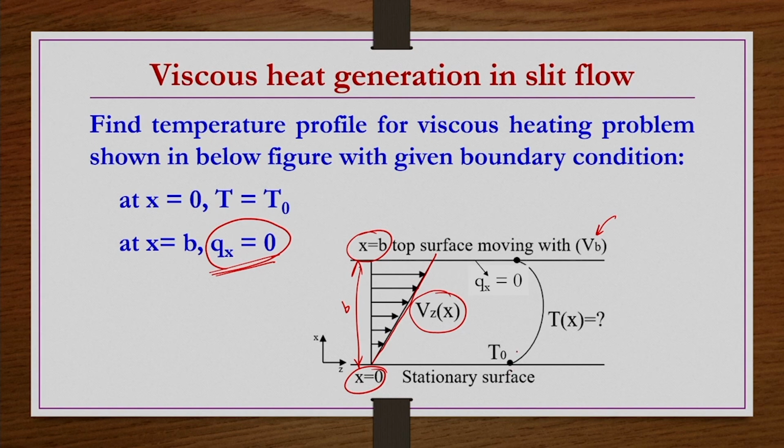The temperature of the bottom stationary surface is T naught, and the boundary condition for the top moving surface is Qx is equal to 0. So, what is T as a function of x, that is what we have to find. The only difference compared to the problem that we have seen previously is this boundary condition.